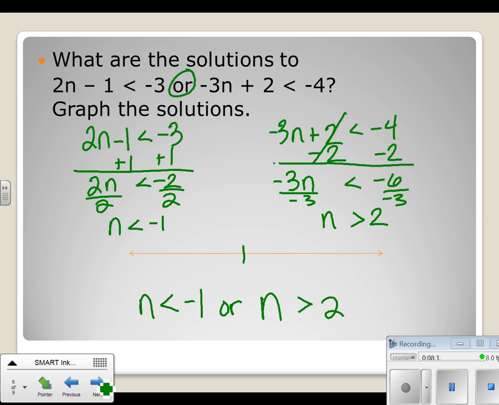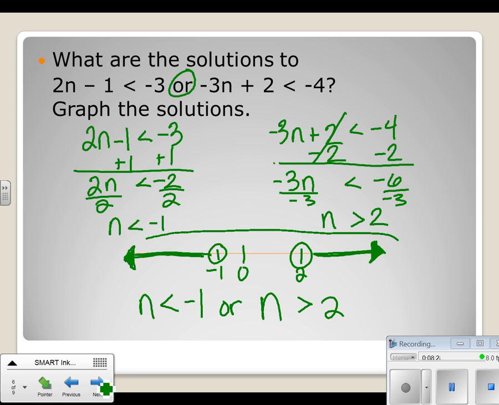So here's 0, here's negative 1. N can be less than that, or n can be greater than 2. Notice they're open circles. This is an OR graph where it's split and going in both directions.